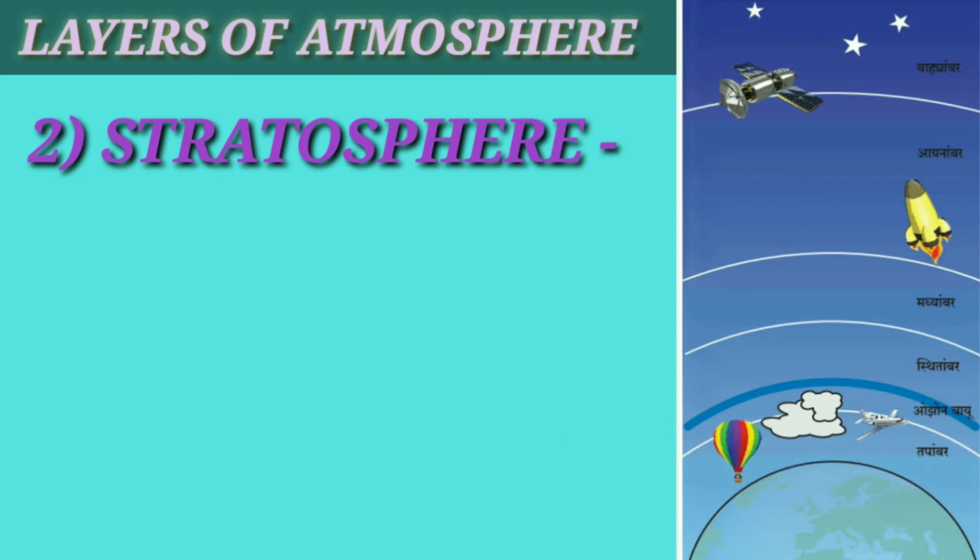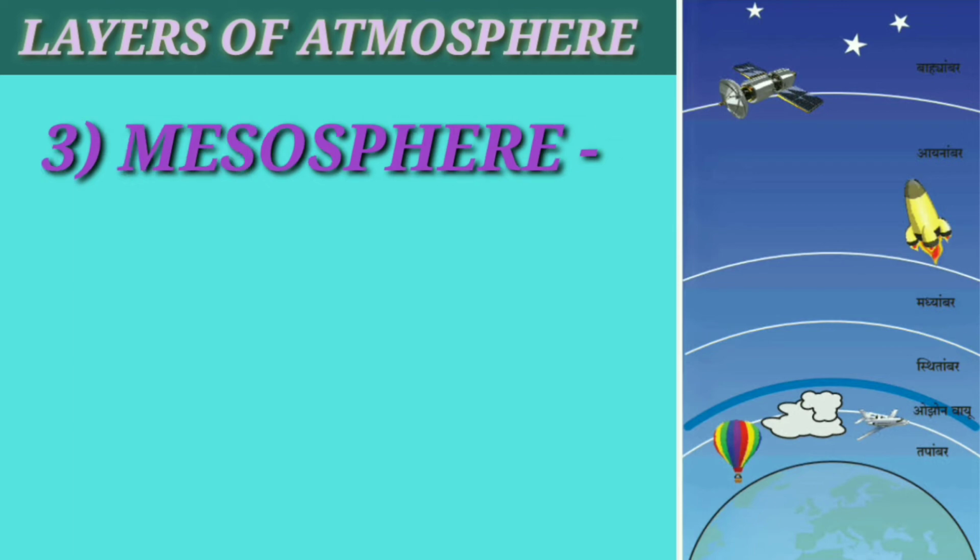Ultraviolet rays coming from the sun are harmful for all living things, but ozone layer absorbs the ultraviolet rays and protects the living world from them. Hence, this layer of ozone gas is called as protecting covering of the earth.